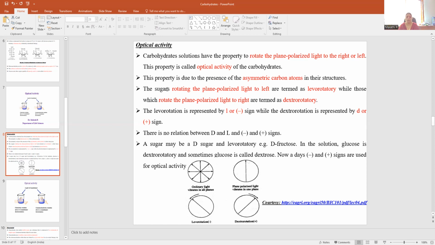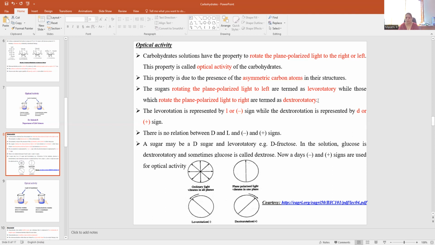Those sugars which are capable of rotating the plane of polarized light to the left are called levorotatory. It is denoted by small l or by a negative sign. Whereas those sugars which are capable of rotating the plane of polarized light to the right are termed dextrorotatory sugars.